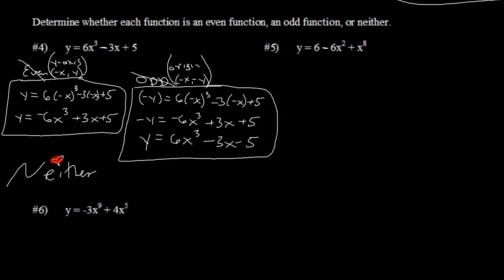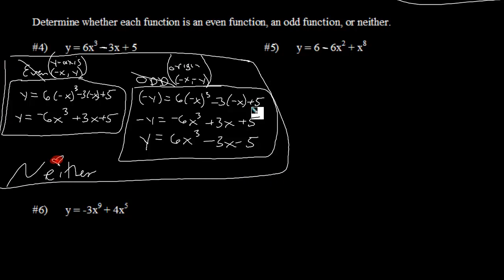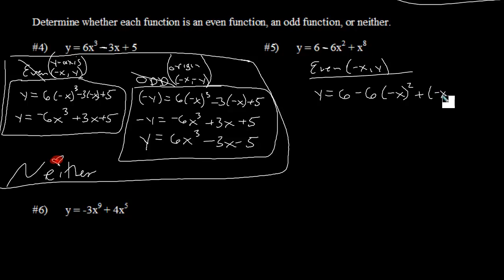Number 5, let's see if I can organize my work a little bit better here for number 5. Is it even? Is it symmetric with respect to the y-axis? Well, we're going to take y equals 6 minus 6, and instead of an x, we write a negative x squared, plus negative x squared.